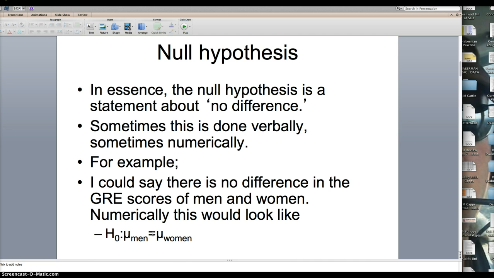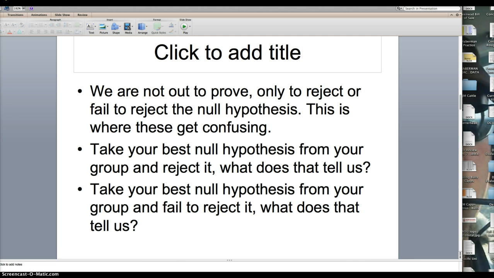That's all that we can say. Now, in this case, if we reject that, we're going to know which scores are higher than the other. But very often, if we have 3 or 4 groups that we're looking at and all we did is reject part of it, then there's a lot that we don't know. This other part about taking a hypothesis, we'll put that into a discussion thread.